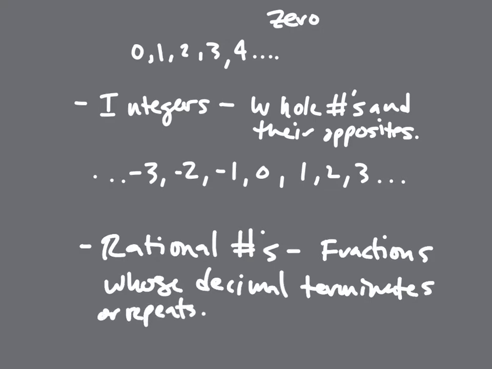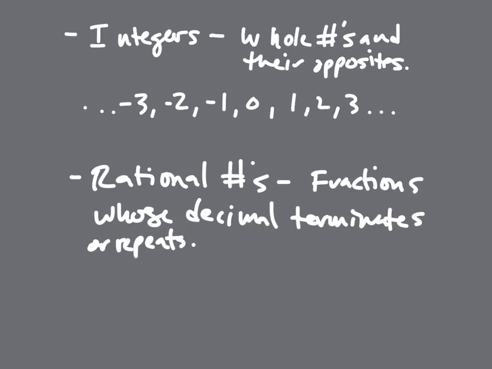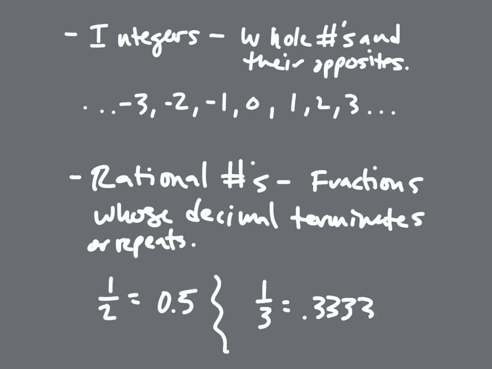An example of that, and you can think of any rational number, I'm going to write out a bunch. I'm going to write out 1/2. That value as a decimal is 0.5, and that decimal terminates, it stops. If I were to write out, say, 1/3, well, that's going to repeat. So 0.3, 3, 3, 3, and so on, 0.3 repeating. That's going to be a rational number as well.